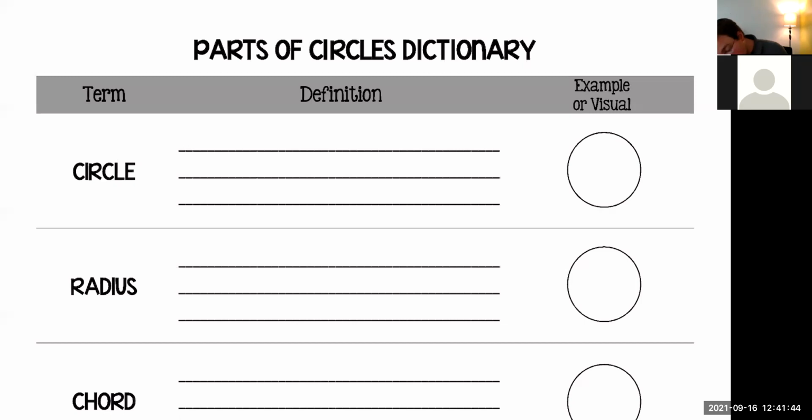So a circle is just a set of points equidistant, meaning the same distance, equidistant from a given point, which is the center.